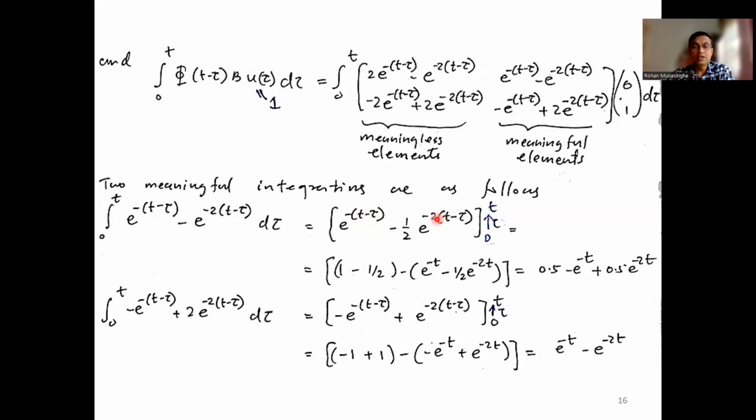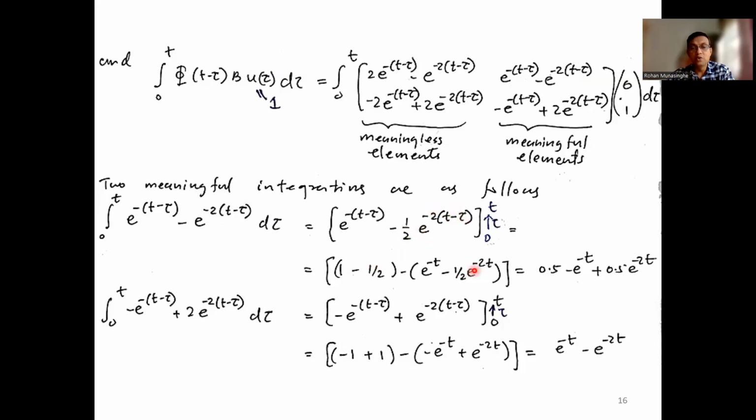And then if you go to the second term, you have this half times this one, and of course with the negative sign. Substitute t for tau. So t minus t means 0. E to the minus 2 times 0 means e to the 0 is 1. So we have this half here, negative half. It comes over here.